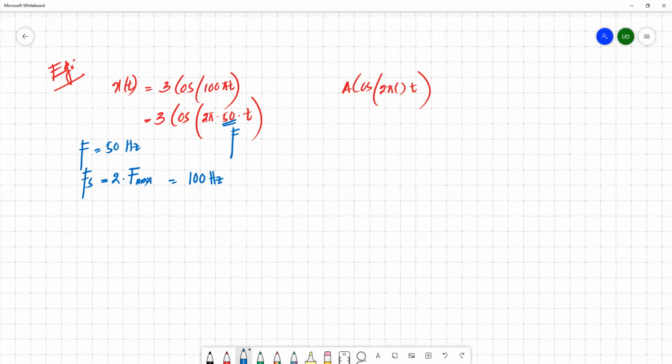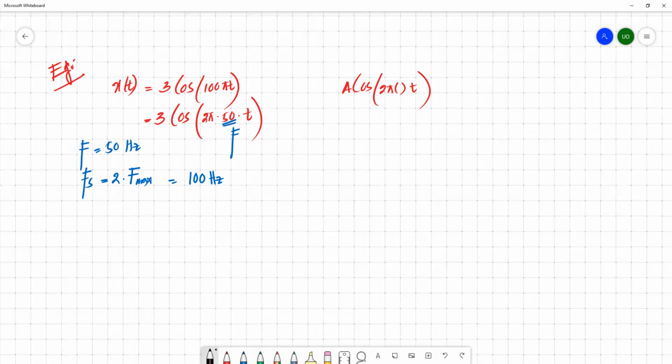If you sample at a frequency less than that, what happens? It shows some overlaps. Let's demonstrate it graphically.